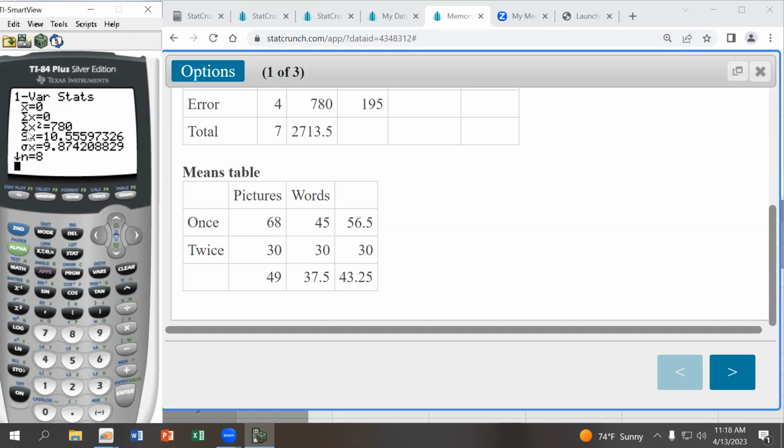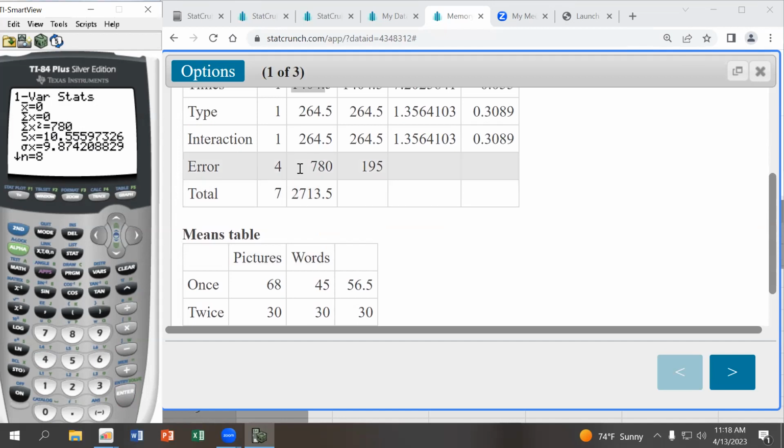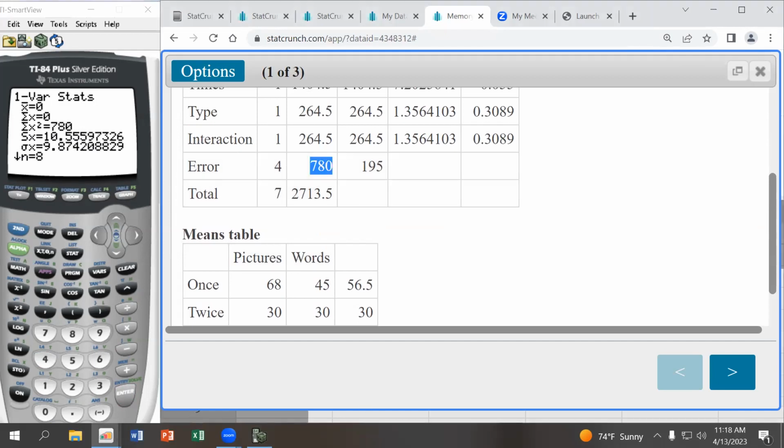But here, you do nothing. Simply grab that: 780. That is right here. Why am I doing nothing? That 4 is accounted for there. Good. So 780 here, that is 780 there. Good.